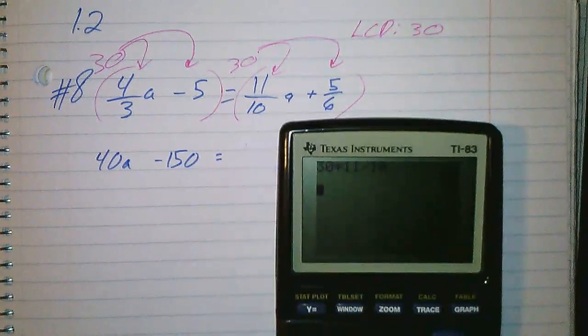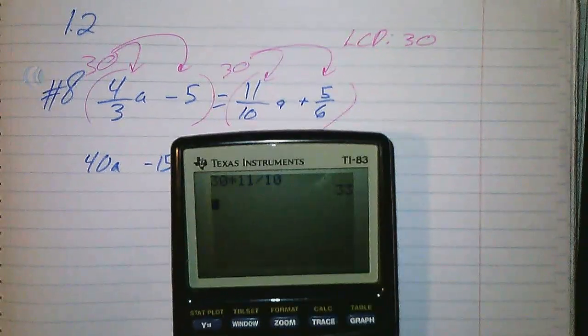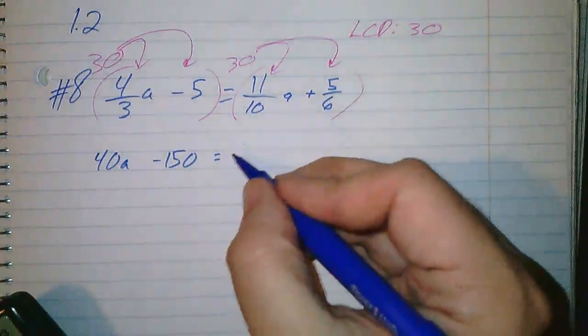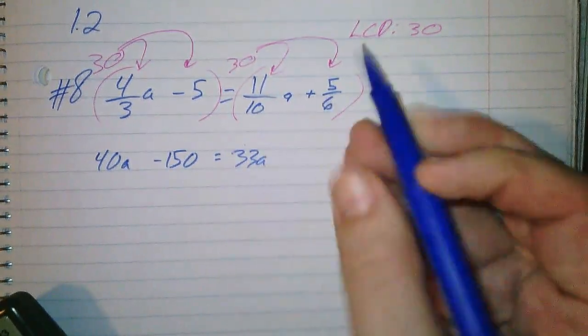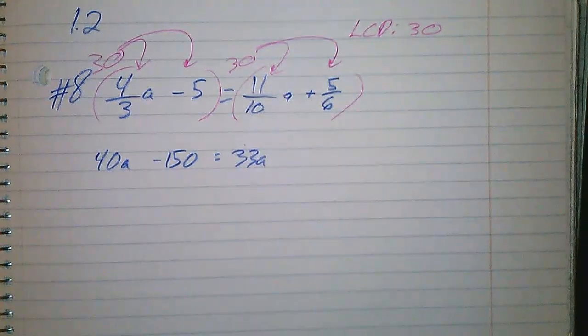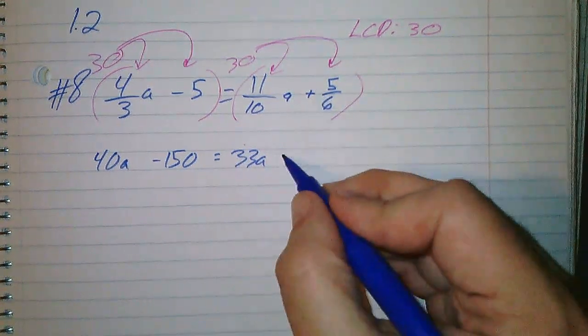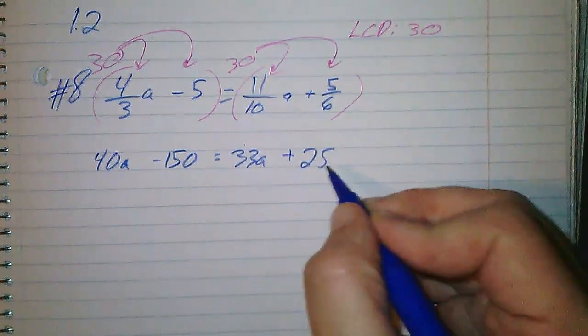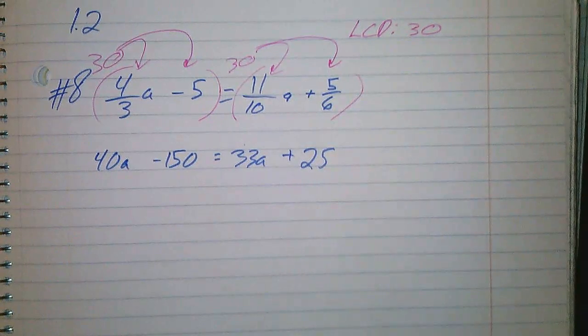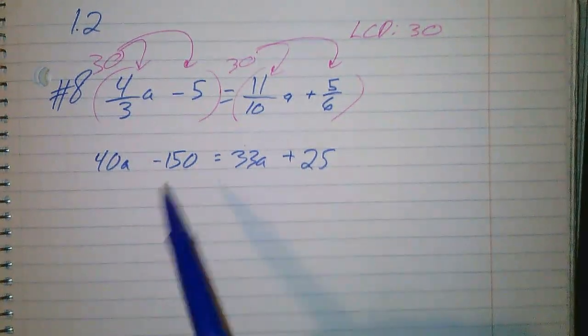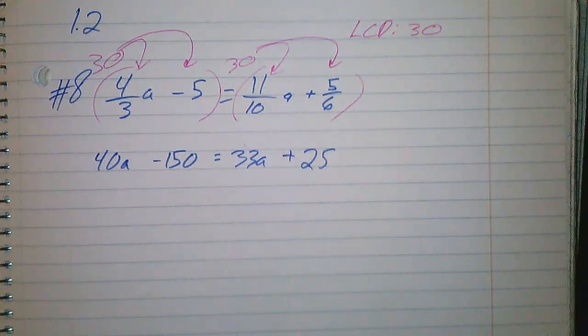We get 33. So we get 33A. And 30 times 5/6, we get a positive 25. So everything cleared out. No more fractions. That's why we multiply everything by the LCD.